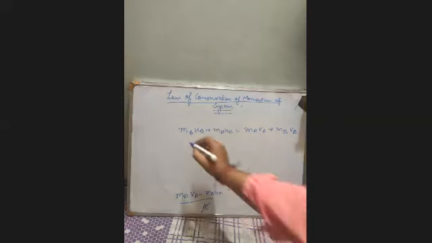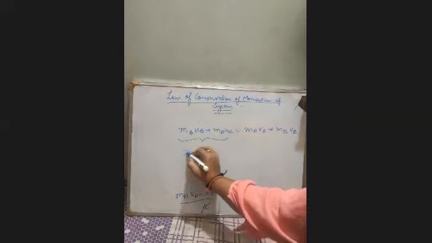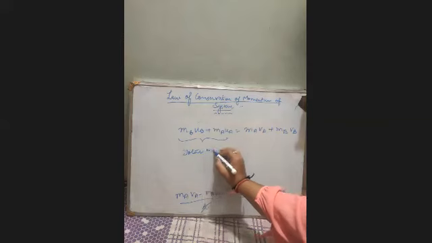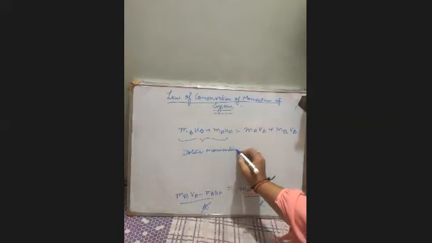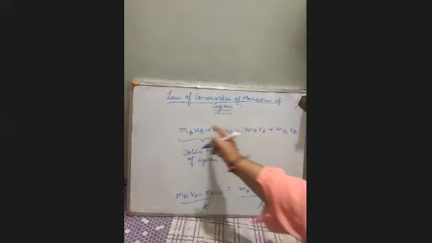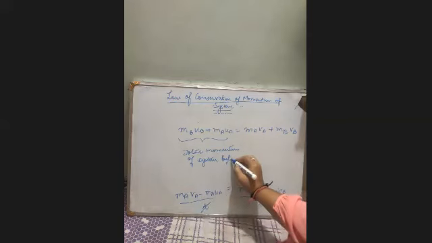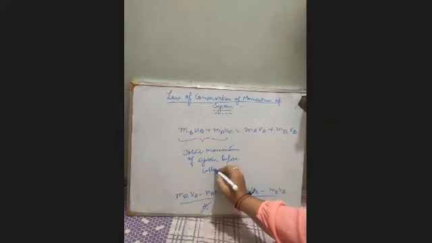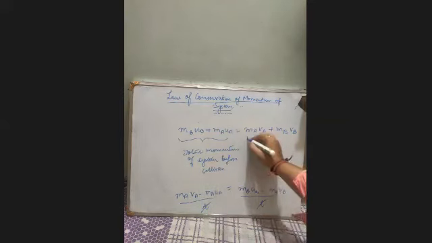And this is what? This is total momentum of system. Obviously, these are the u terms, so before collision, as I have considered the velocity before collision as UA and UB, and this is momentum of system after collision, right?